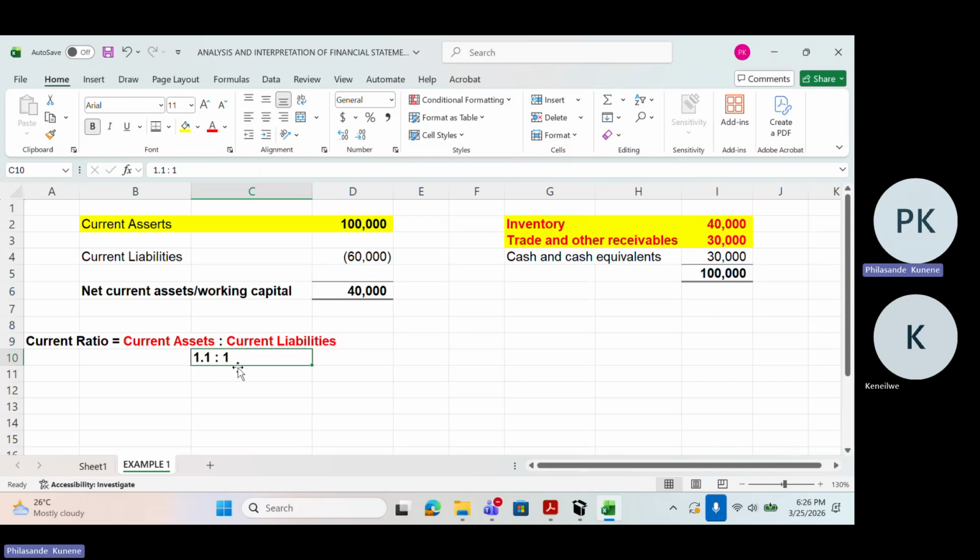This is a risk for a business. Or else, let's say we have 6 is to 1, this is not right as well.